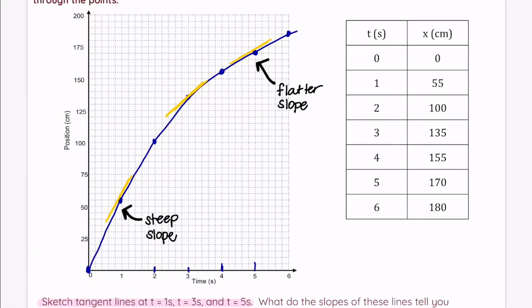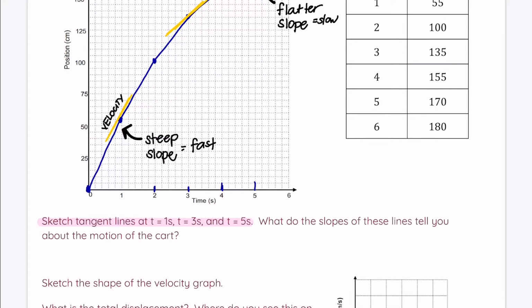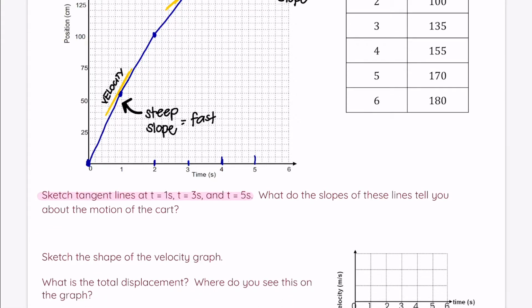Okay, and so if you remember on a position time graph, each of these slopes is a velocity. So that means that if it's a steep slope, then it's kind of fast. And a flatter slope would represent something that's kind of moving slow. And so objects that are coming from a fast velocity and getting to a slow velocity, we would say that object is slowing down.